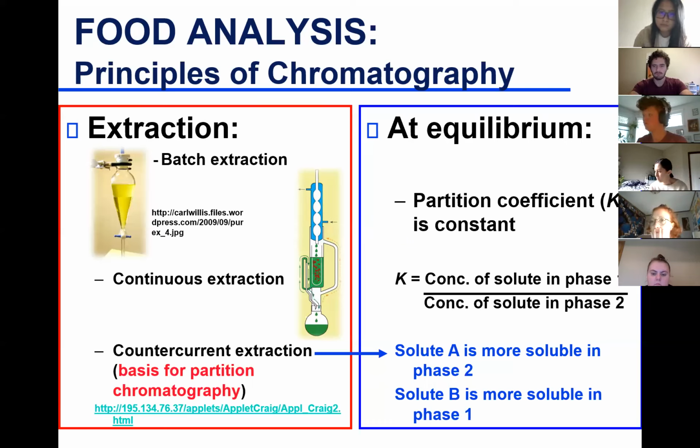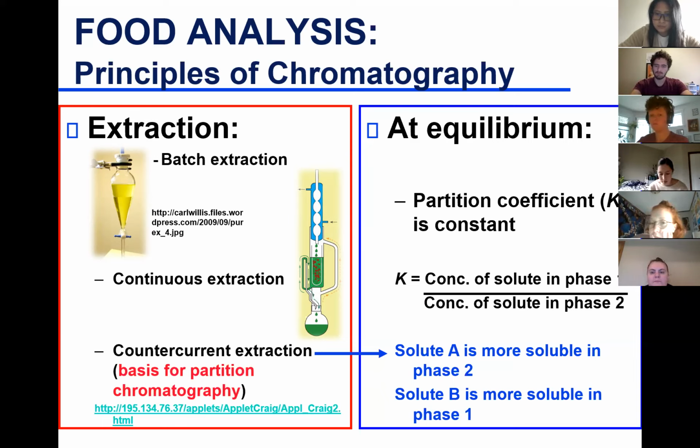And there's the countercurrent extraction, and this is the important one that led us to chromatography. Countercurrent extraction is the origin or basis for partition chromatography. So why is it called partition chromatography?